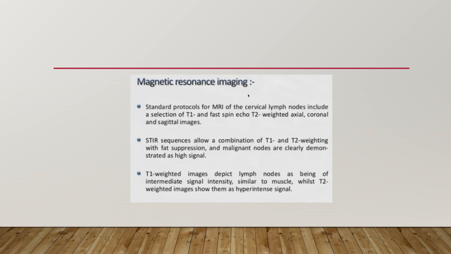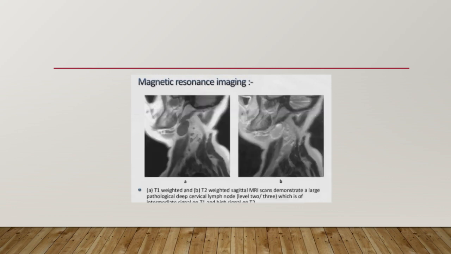So, what are the features of a malignant lymph node in MRI? The malignant lymph node is of high signal. In T2 it is hyperintense, whereas in T1 it is intermediate, just like other soft tissue. So, here you can see T1 and T2 images.